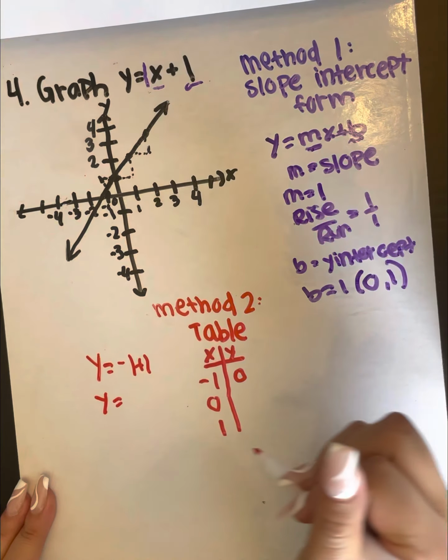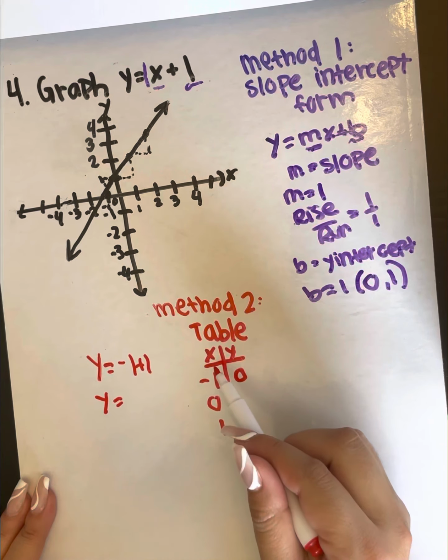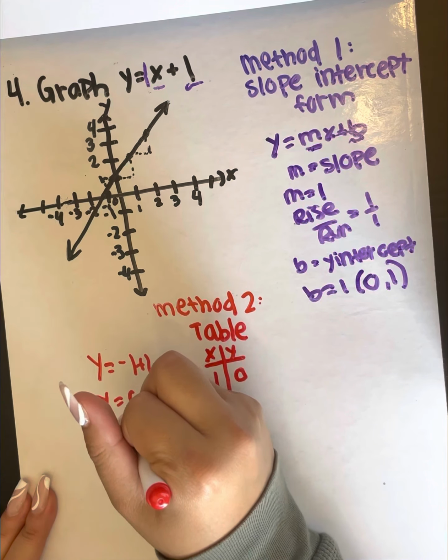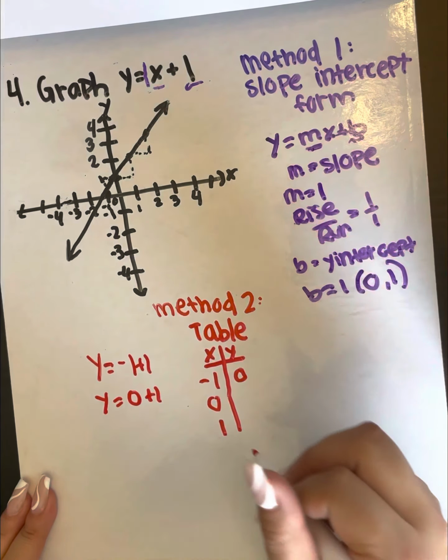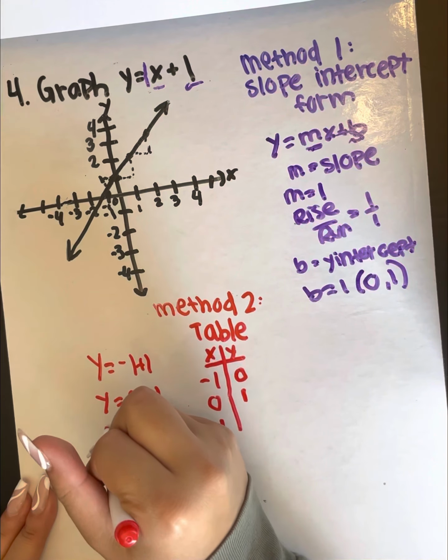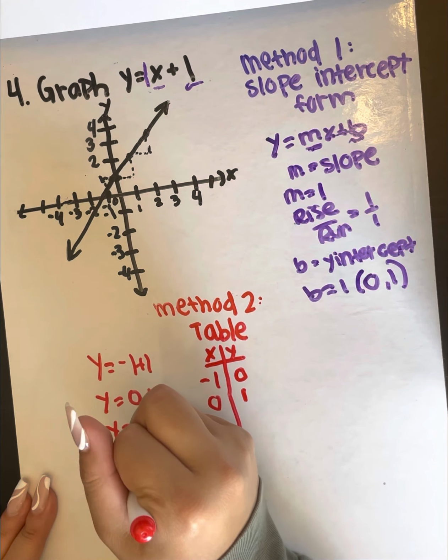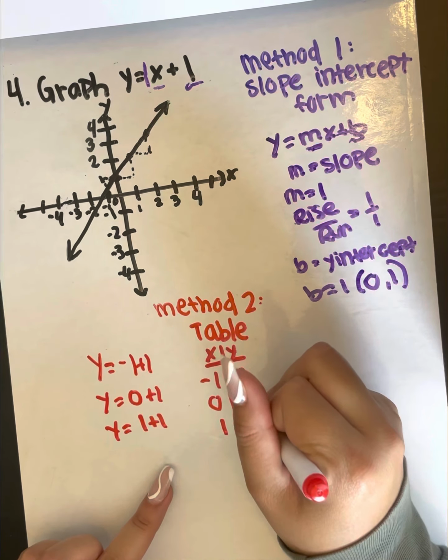0. So then our next point, y equals, plugging in the 0 for x. So 0 plus 1. That's just 1. And our last point, y equals 1 plus 1, and that gives us 2. And if we verify that these are the same, like we have 0, 1 right there, right?